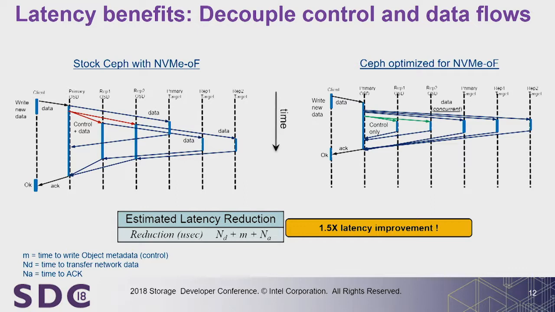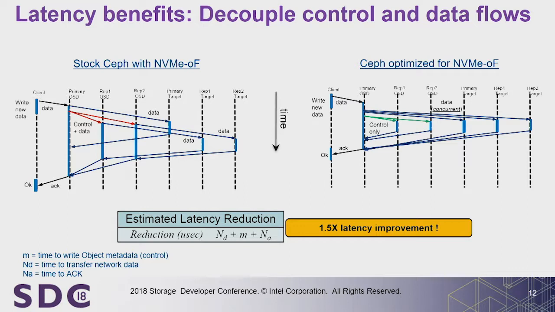Now, there is the aspect of the primary having to keep track and make sure that the data was landed correctly at each of the storage targets, as well as the peer OSDs.